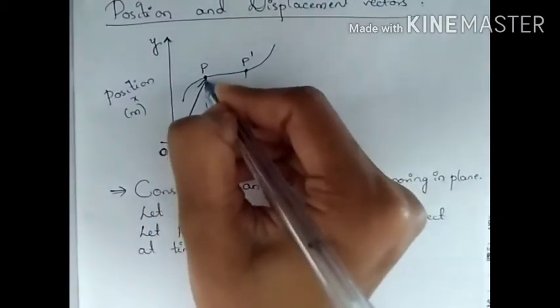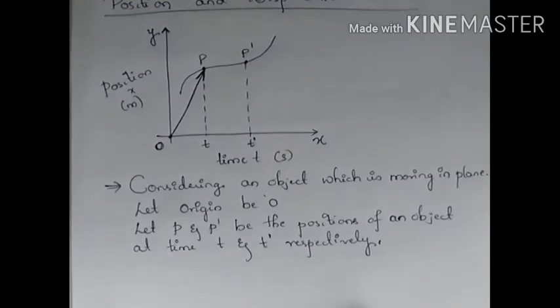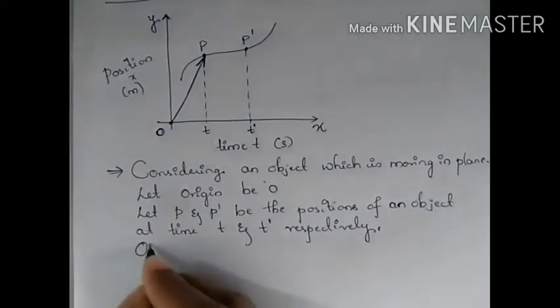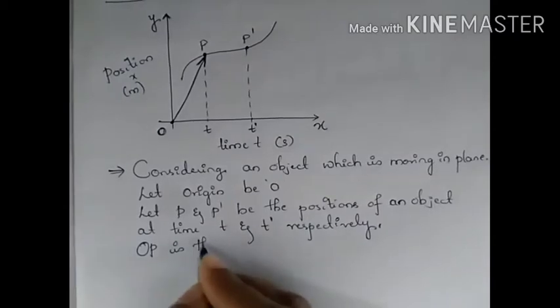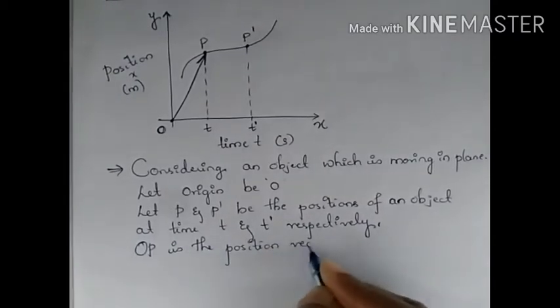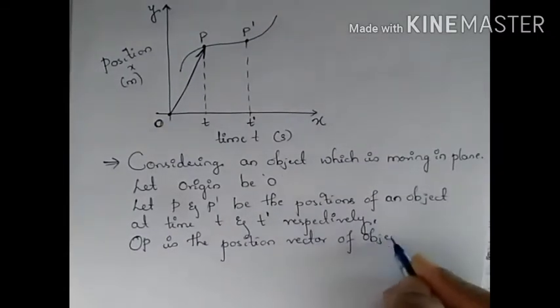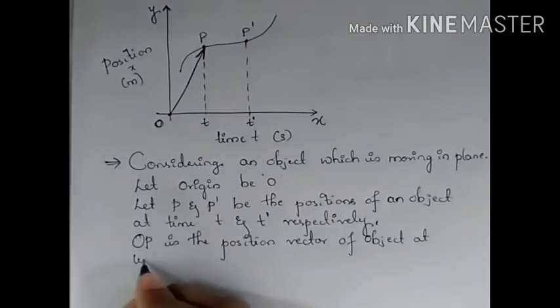And if you denote the arrow, then that is a vector. OP is the position vector of the object at time T.